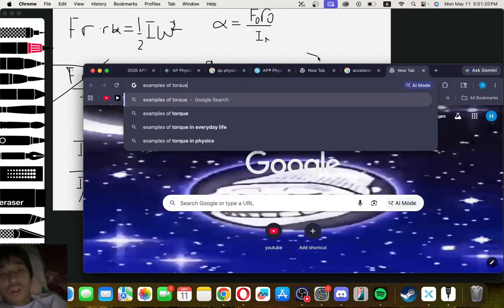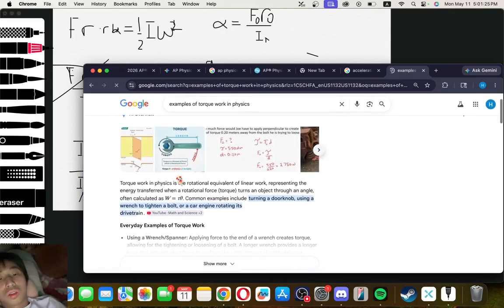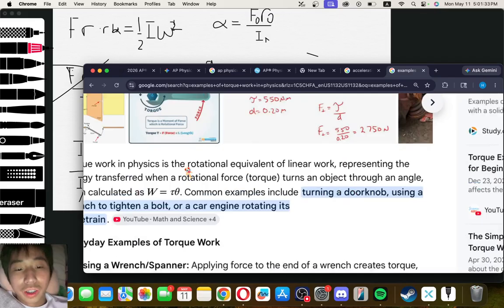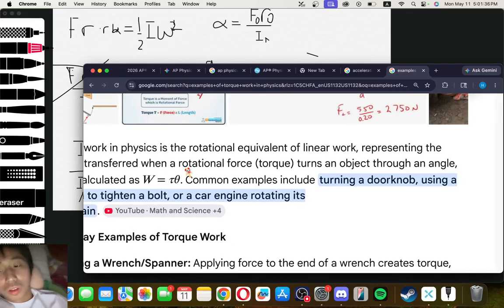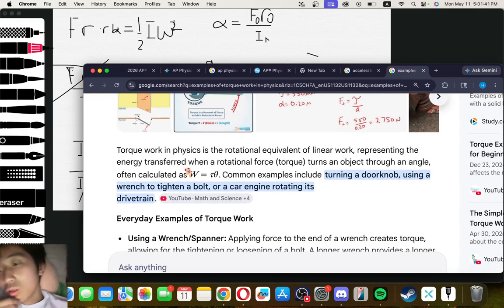Examples of torque work in physics. Oh, torque times theta. Turning a doorknob using a wrench. That makes sense, because you apply the torque around the thing. And theta equals length over r.